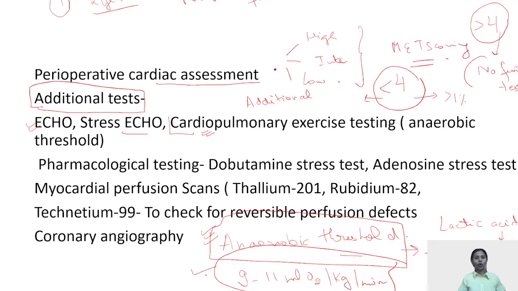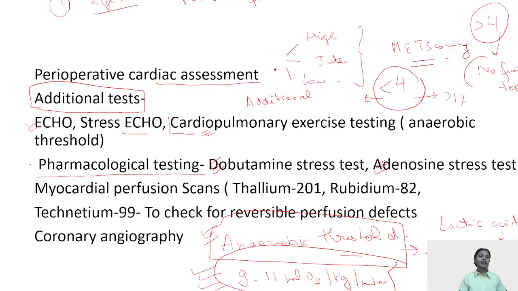Coming over to the pharmacological testing in those patients, for example, orthopedic patients or geriatric patients who cannot undergo exercise testing, they can have dobutamine stress test or adenosine stress test. Two drugs that are used for pharmacological stress testing are dobutamine and adenosine.